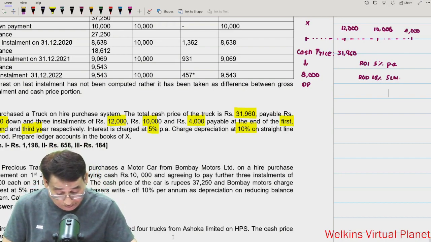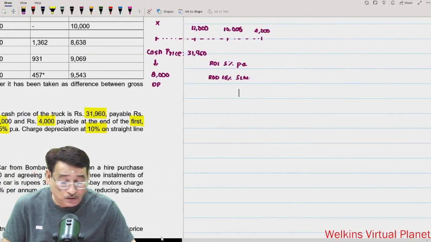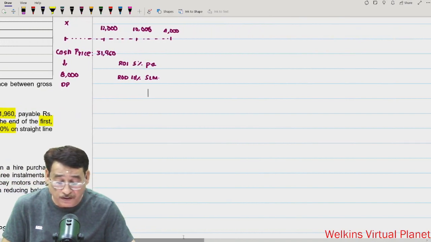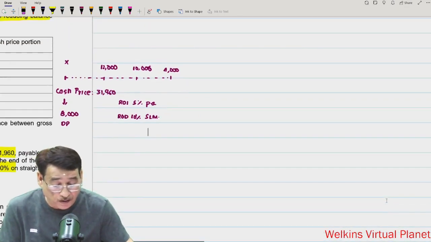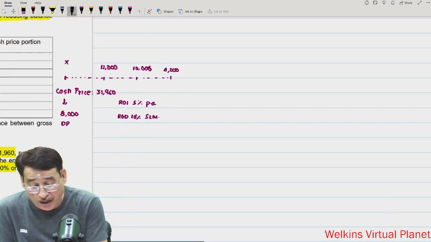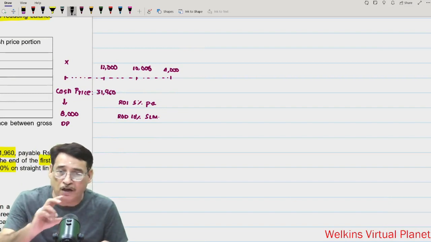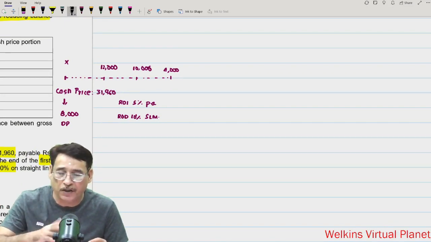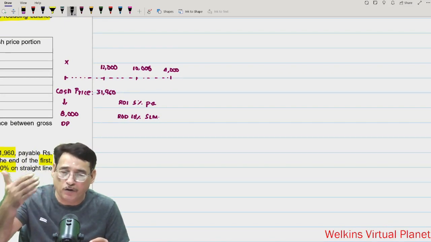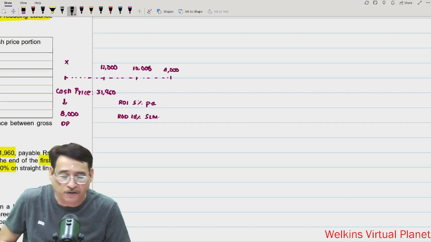Now, so this is the question, and the first thing is that you need to compute the interest. And why we have to compute the interest, I have already told you, because ultimately our accounting will depend upon what portion of the installment we are paying for the cash price and what portion of the installment we are paying for interest, correct?